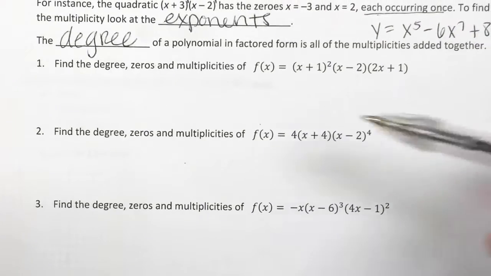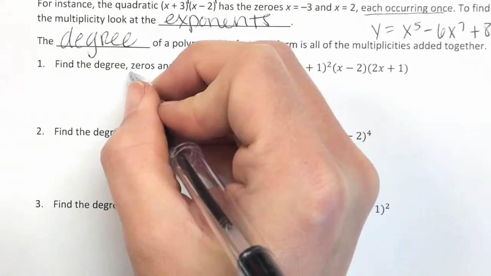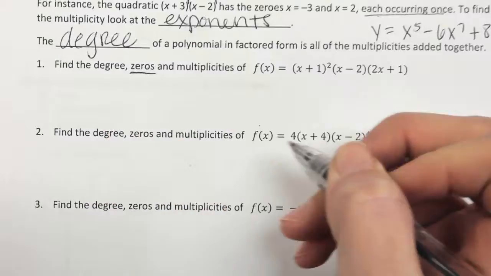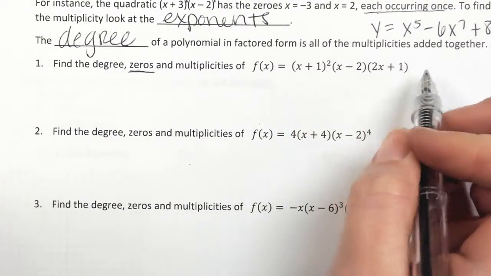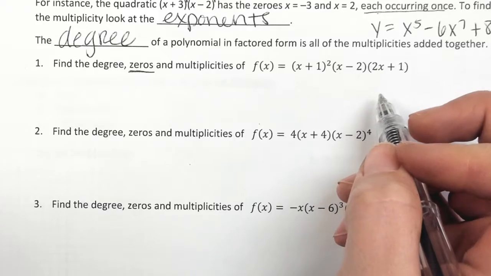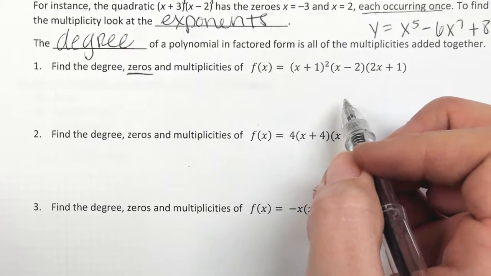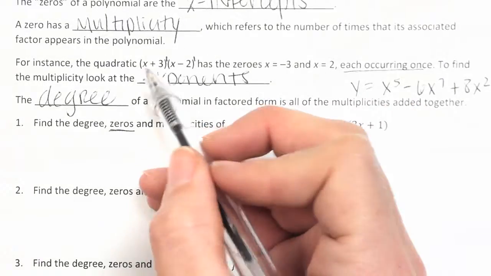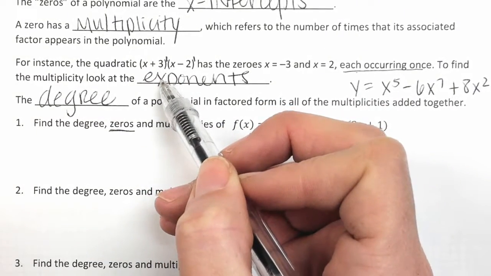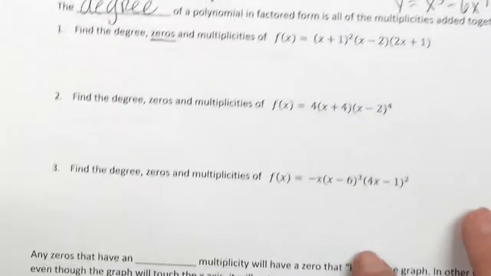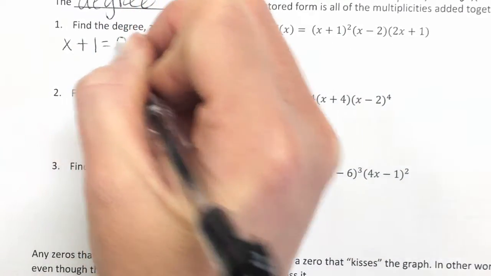Let's start by finding the zeros. And zeros are your what? X-intercepts. How will we find the zeros of these? How did we find the zeros in our bell ringer once it looked like this? We set it equal to what? Same thing. So we're going to take x plus 1, set it equal to 0.